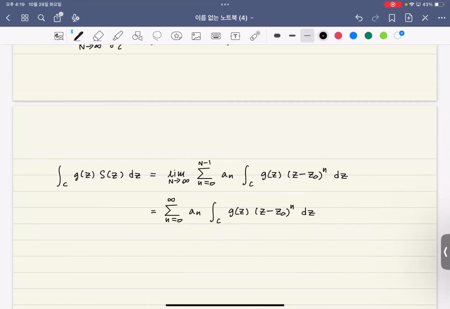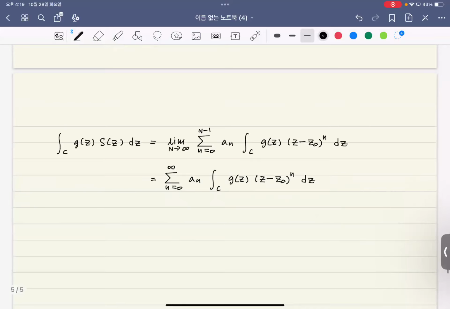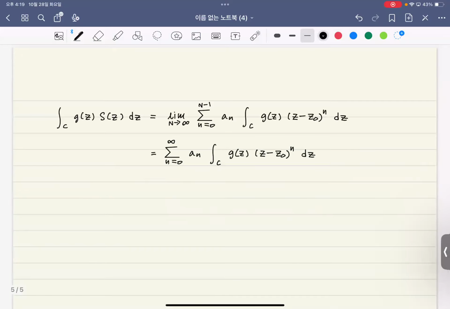Great, this proves term by term integration.